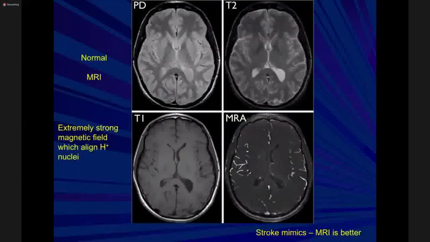Now, the MRIs have made so much of a difference for the management of stroke. This is a normal MRI scan that I'm trying to show you. In an MRI, you have an extremely strong magnetic field which aligns H plus nuclei and develops these varying films with varying resolutions.